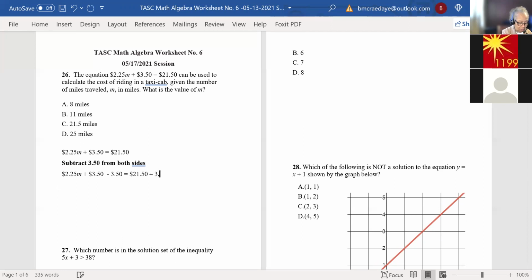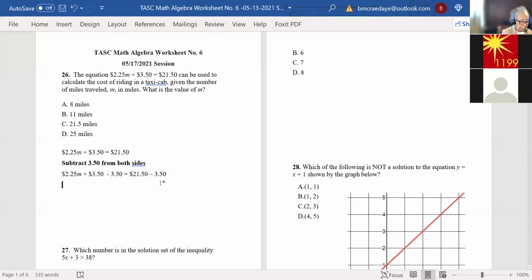So Vanessa, what did you get on the left side after you did that? On the left side, I only have 2.25M remaining. Very good, because the 350 minus 350 gives you 0. Let's copy this.